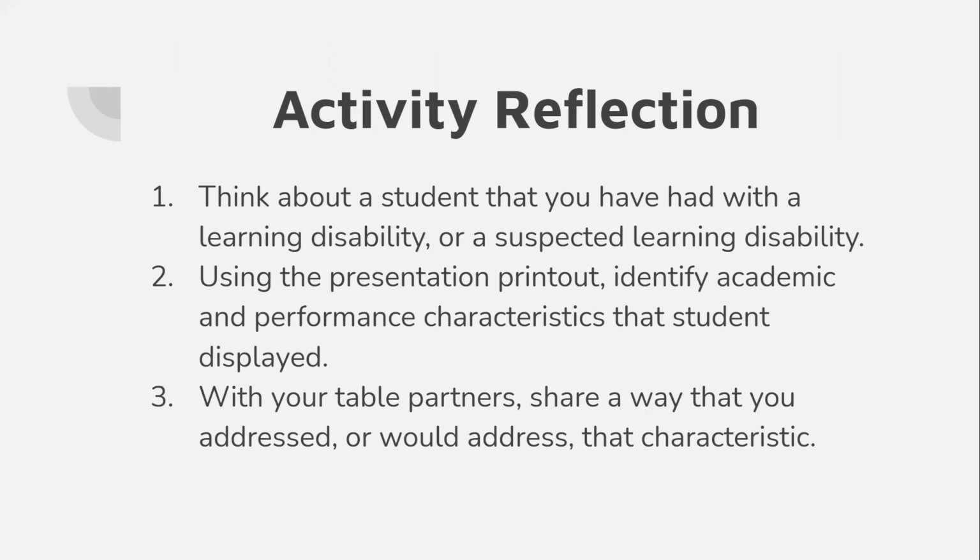Using the presentation printout, look back at those academic and performance characteristics that students may display. And with your table partners, share a way that you addressed or that you might address that characteristic for that student.